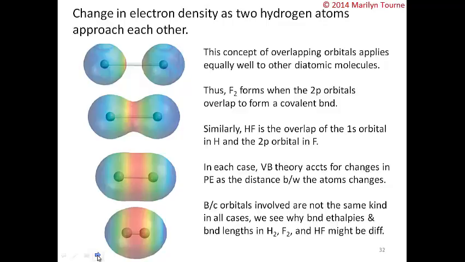Similarly, HF, hydrogen fluoride, is the overlap of one s orbital from the H and one p orbital from the F. The valence bond theory does account for the changes in potential energy as the distance between these atoms changes. And because the orbitals involved are not the same kind in all cases, we see why the bond enthalpies and bond lengths of all these different molecules might be different.